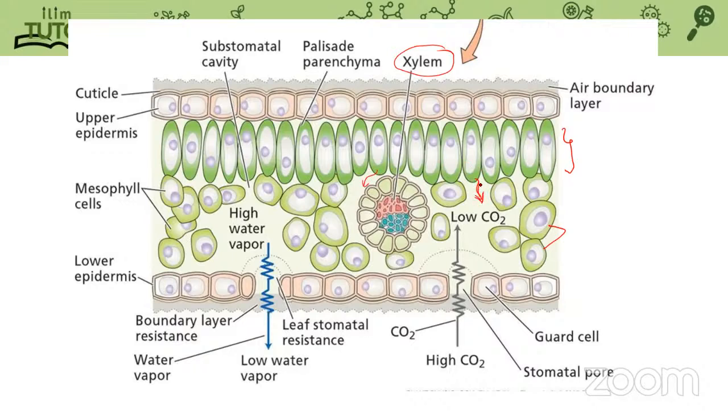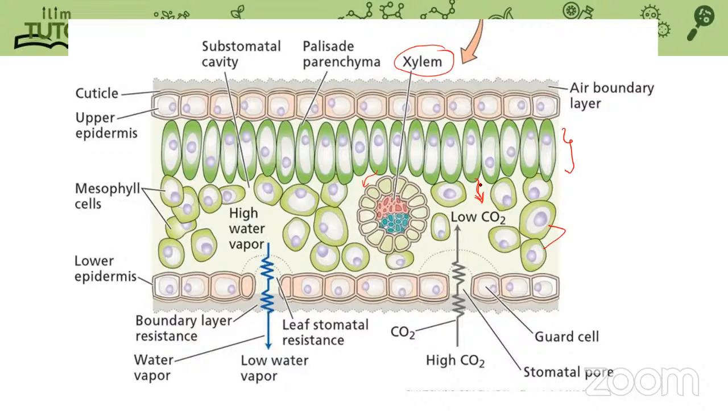So it evaporates into the air spaces, saturating the air spaces with moisture, thereby creating a concentration gradient between the water vapor in the air spaces and the water within the environment.